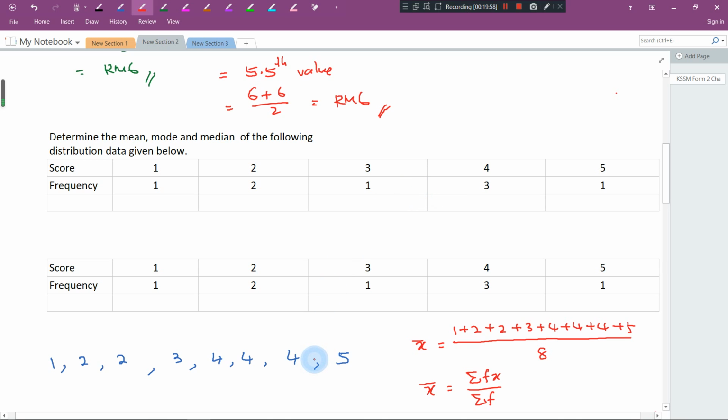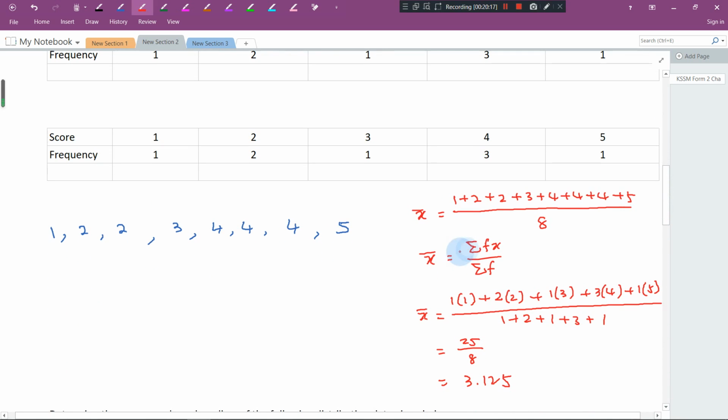But normally we do not use this method. When we are given a frequency table, we do not write it this way before determining the mean, mode, and median. We just straight away get the answer by using the frequency table. Okay, now we have determined the mean. Now we go to mode.